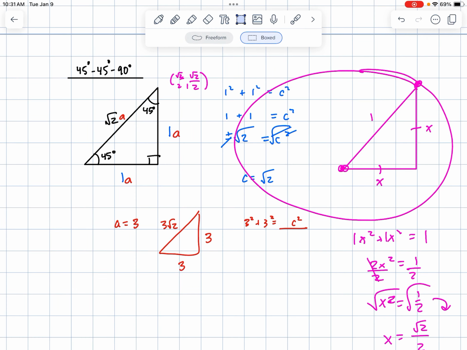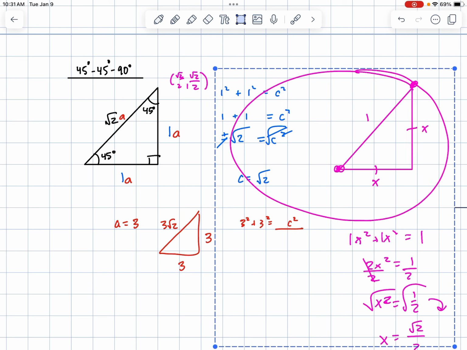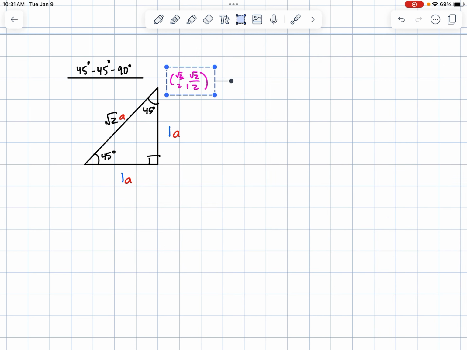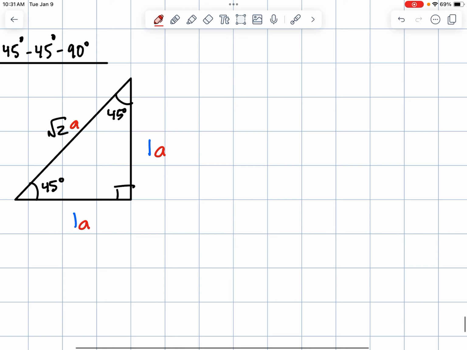It's always going to be some multiple of 1, 1, root 2. All right, last part to this, first part anyway. 45, 45, 90 is always going to be some version of this: 1a, 1a, root 2a.